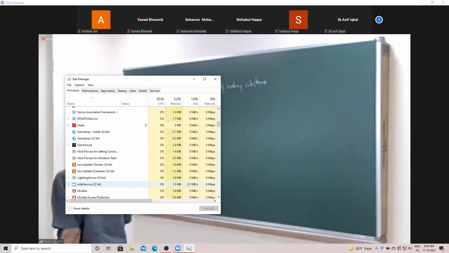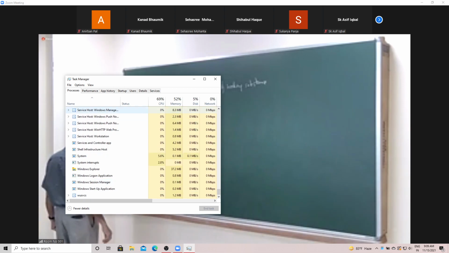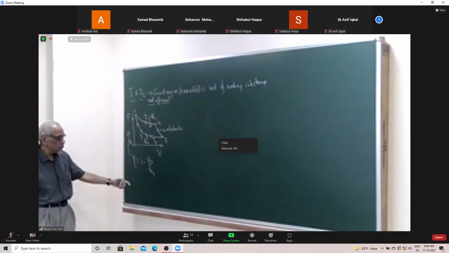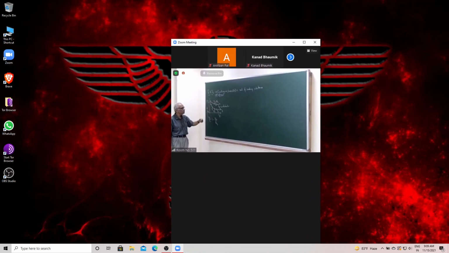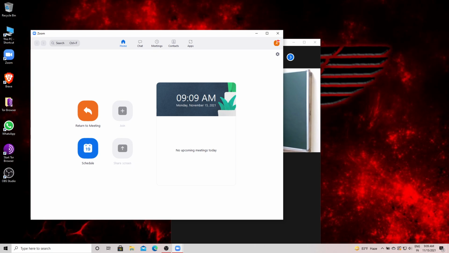What we were in the process of finishing up was to show that this Q2 over Q1 is simply T2 over T1.